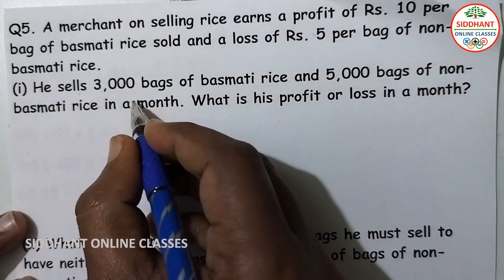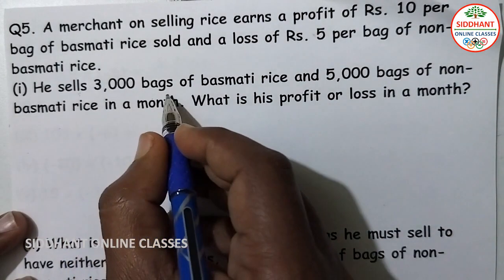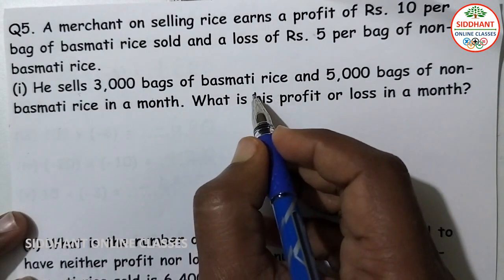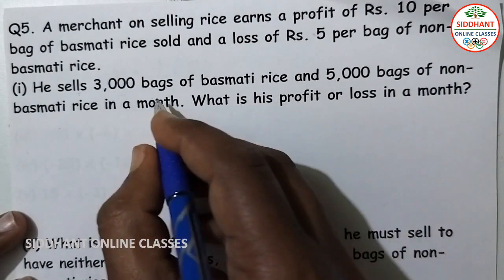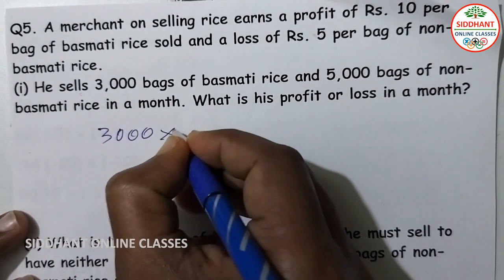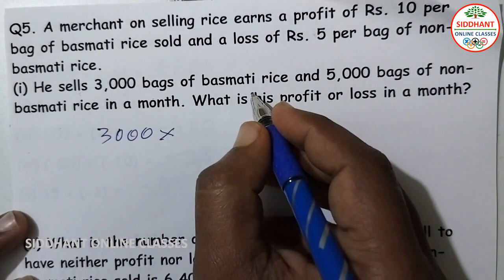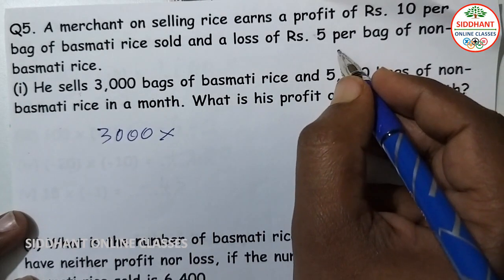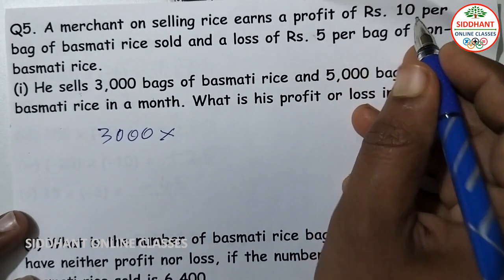So here the data given is 3000 bags of basmati rice he has sold. So 3000 into basmati rice, when he sold, what is the profit? He gets ₹10.